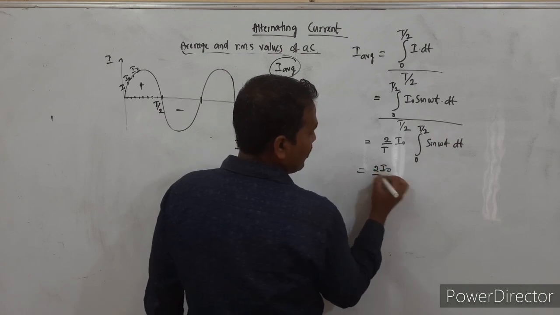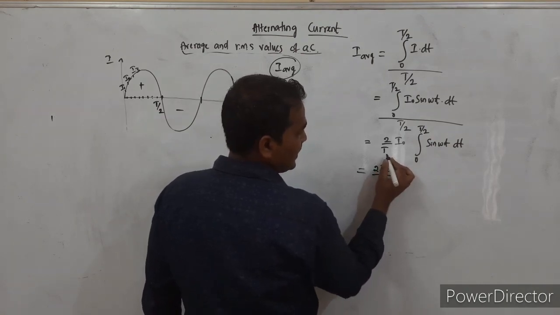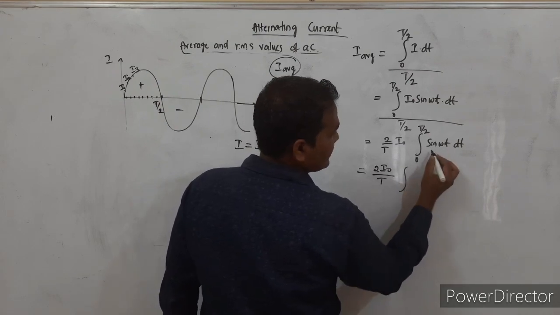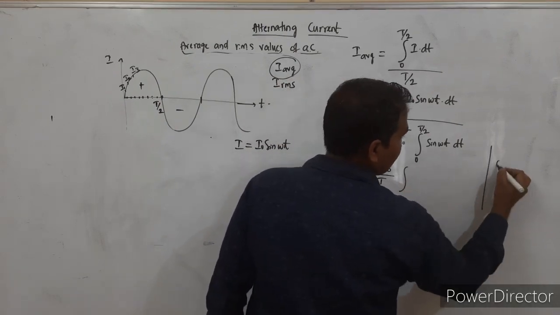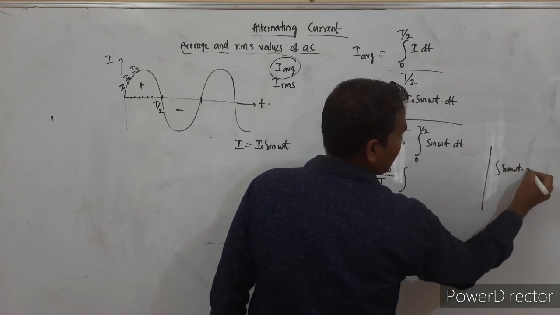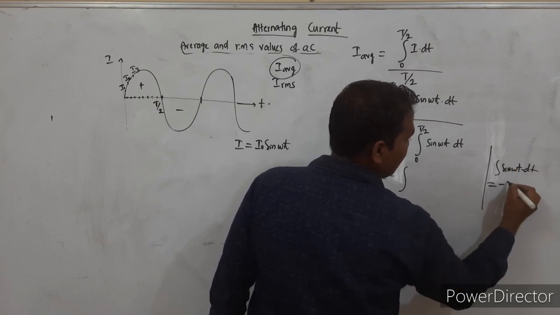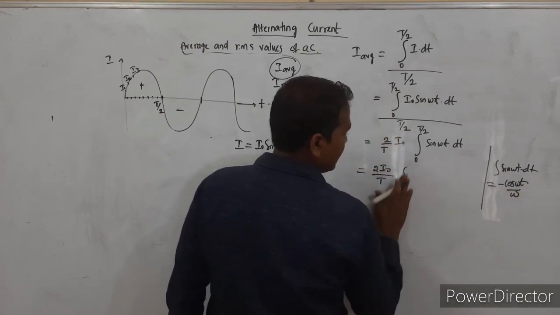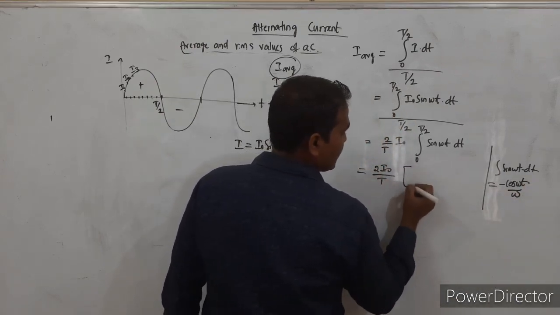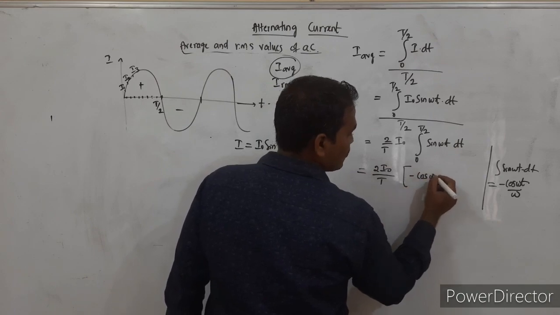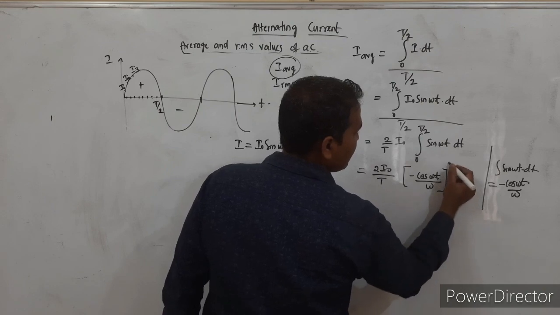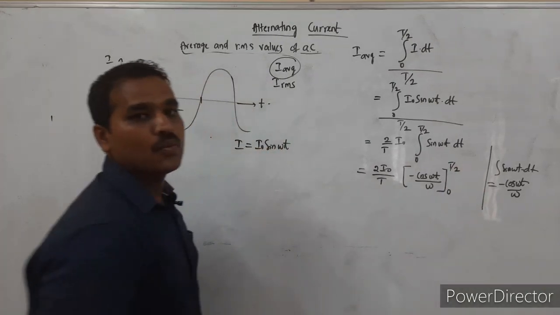Let us simplify this. 2 into I naught by capital T will be as it is, then the integration of sin omega t. Integration of sin omega t dt is equal to minus of cos omega t divided by omega. I can directly integrate this. I can write this as minus of cos omega t whole divided by omega between the limits of 0 to T by 2.